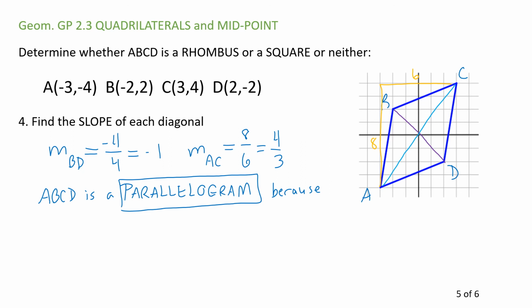It's not a square because they would have to be perpendicular also. So this is not a square. This is just a parallelogram because diagonals are bisectors. And that's that.